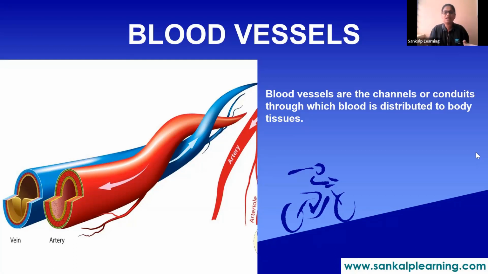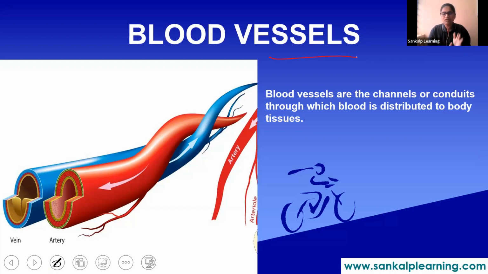But in higher organisms, for example human beings, blood will flow in particular pipe-like structures. Those structures are termed vessels. So what are blood vessels? These are the pipe-like channels through which blood is distributed to every tissue of our body, to every cell of our body.